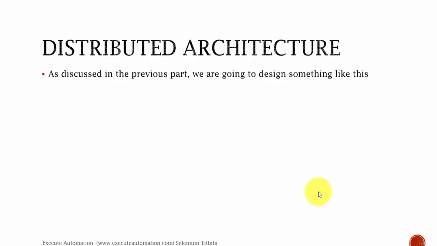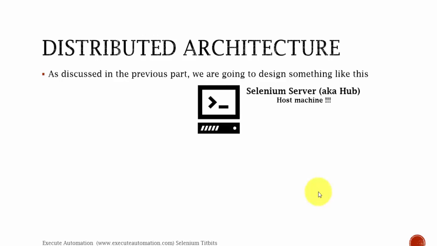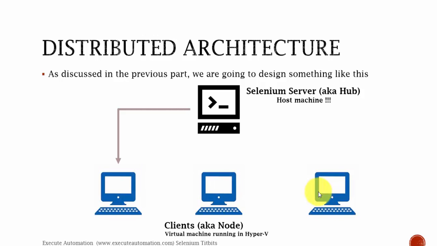In this part, we're going to discuss how to make a design which looks something like this. We already set up the Selenium server, also known as the hub, on the host machine, which is our Windows 10 machine. We also configured our client, a virtual machine running in Hyper-V technology, which is the node.